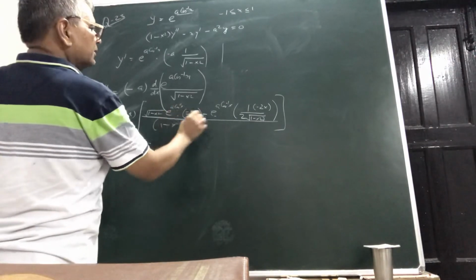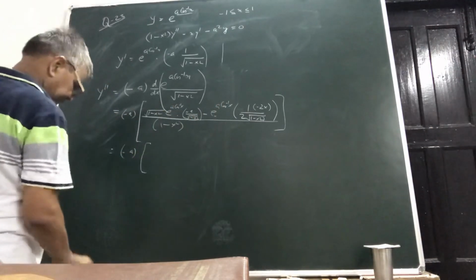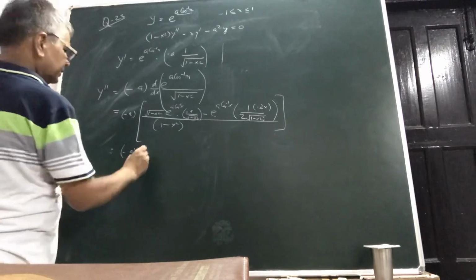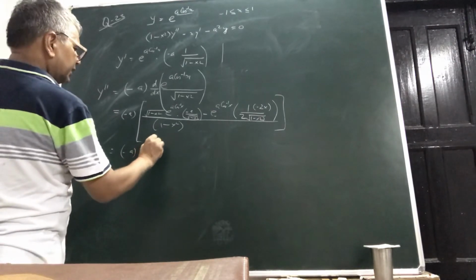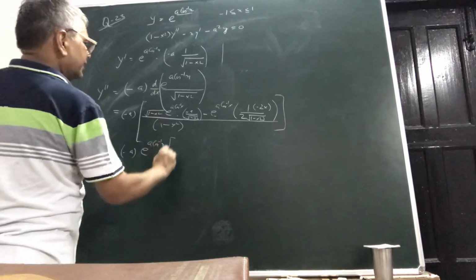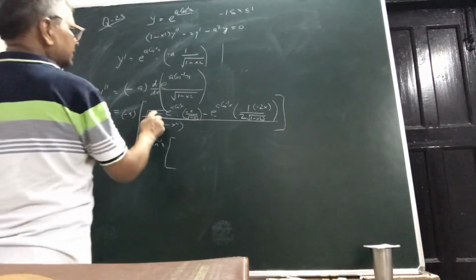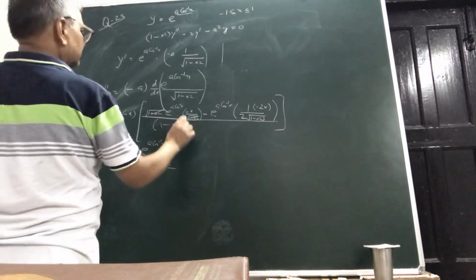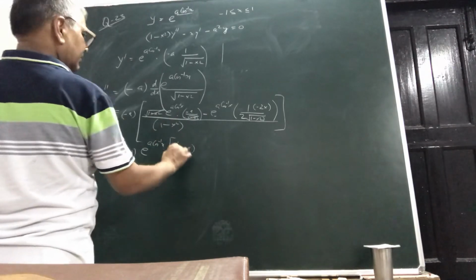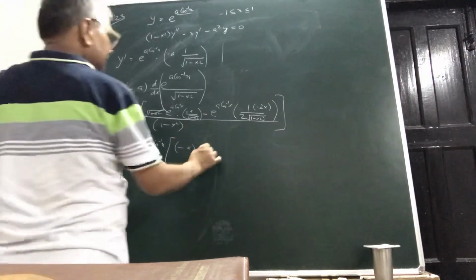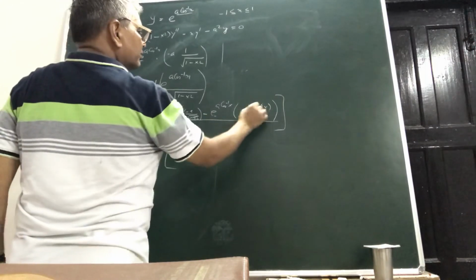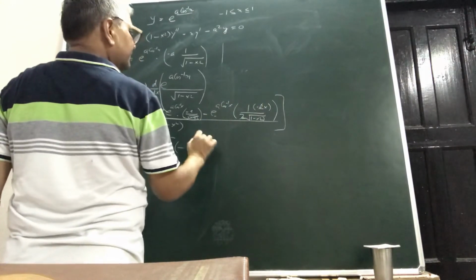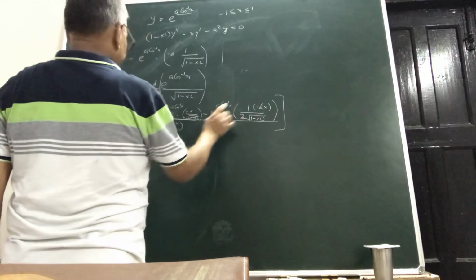e raised to power cos inverse x, also we can take outside common. So it is e raised to power a cos inverse x. Let me take outside. So what I will get is here, this under root will cancel and you will get here what? Minus a only. Minus a, and then this thing is minus minus 2 will cancel, minus minus will be plus, and this will be e raised to power a cos inverse x.